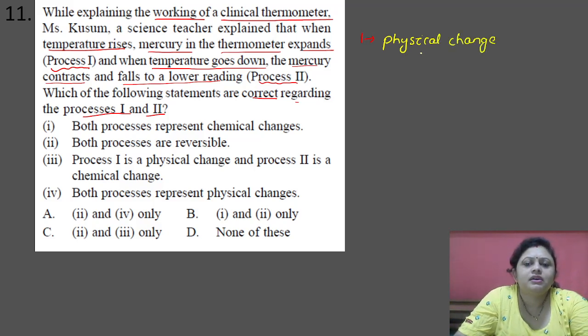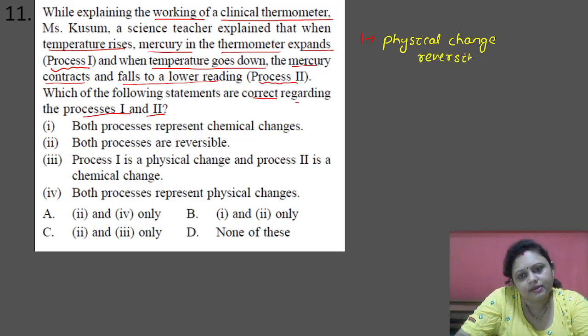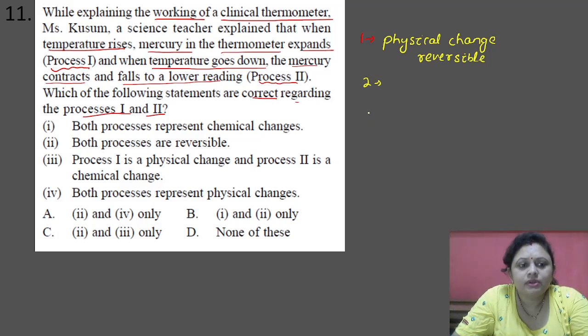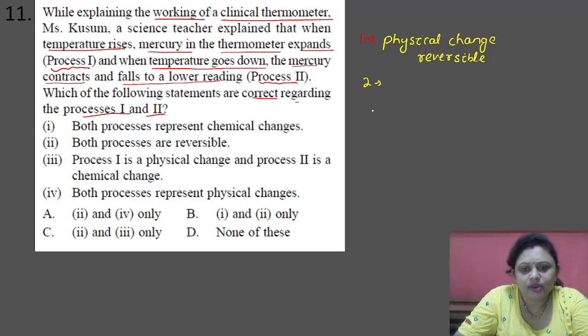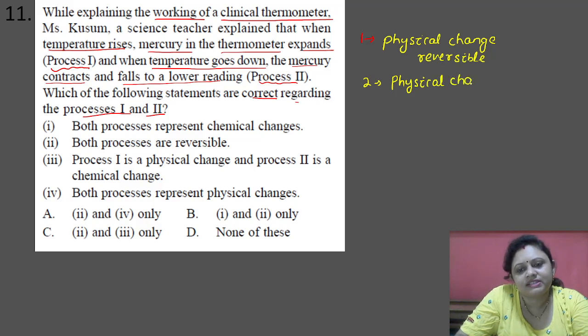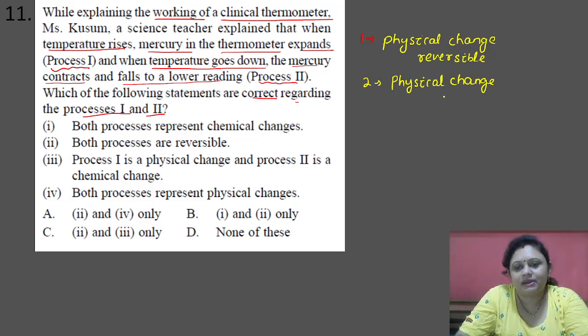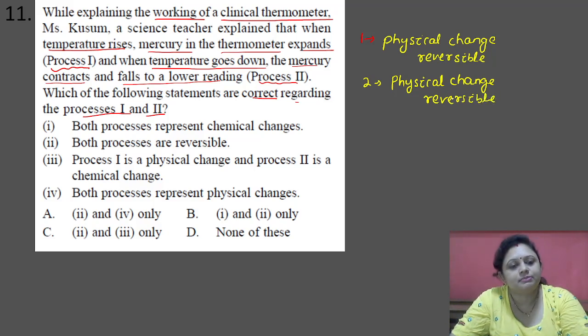In general, physical changes are reversible in nature, right? Then the second one: when temperature goes down, the mercury contracts and falls to a lower reading. Here also there is no formation of a new substance, so this is also a physical change. And when we reverse the temperature, it will again expand. So this one is also reversible. So both processes are physical changes and reversible in nature.